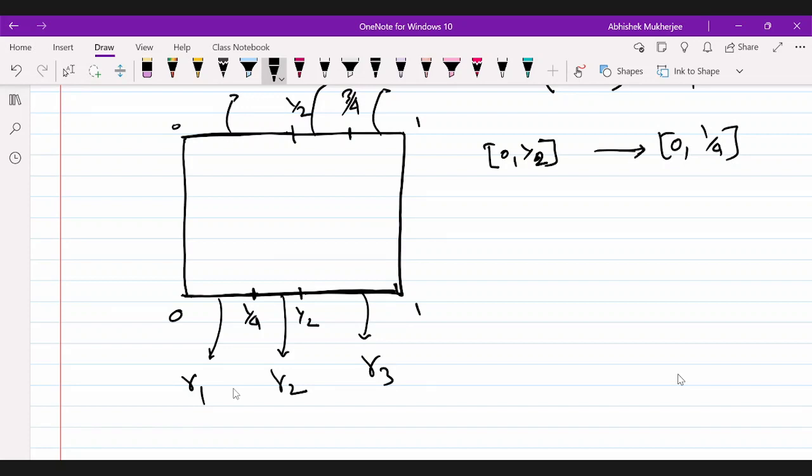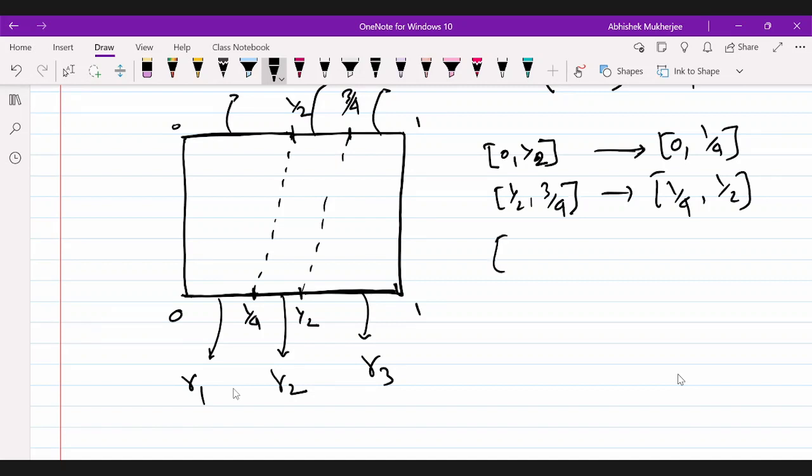And then you need to consider a map where this half to 3 by 4 will be mapped to 1 by 4 to half, right? And again, this 3 by 4 to 1 can be mapped to half to 1. And there exist such maps.